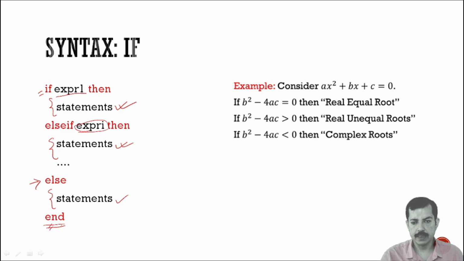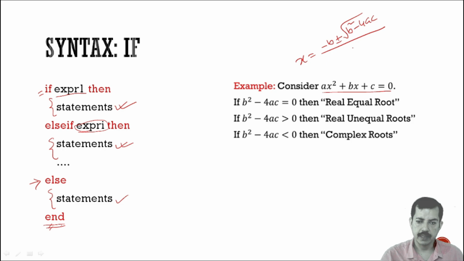Suppose I consider one quadratic equation, the general quadratic equation. We know the roots of this quadratic equation: x equals minus b plus minus root over b square minus 4ac, divided by twice a. Depending on this term, we can classify our roots.